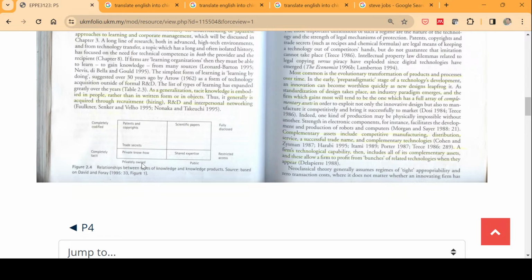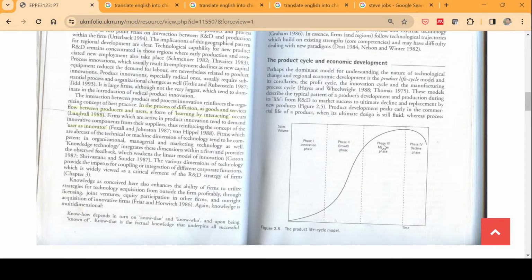Product cycle. Basically, you need at least 3 phases to explain the product life cycle.